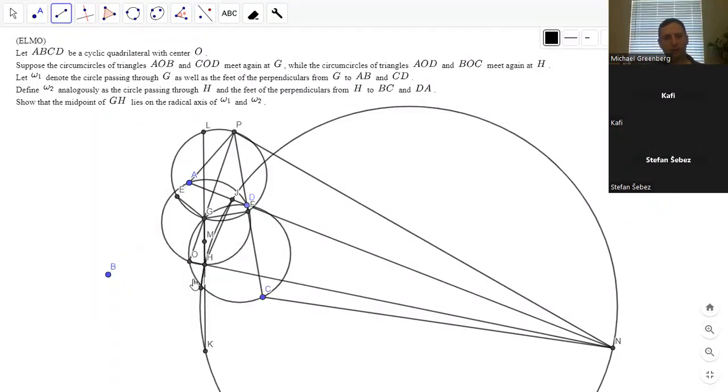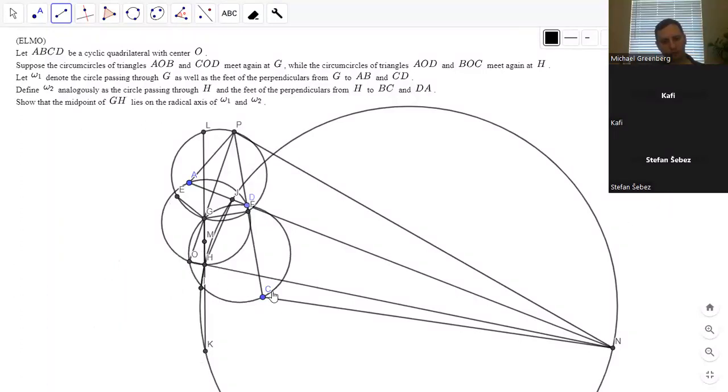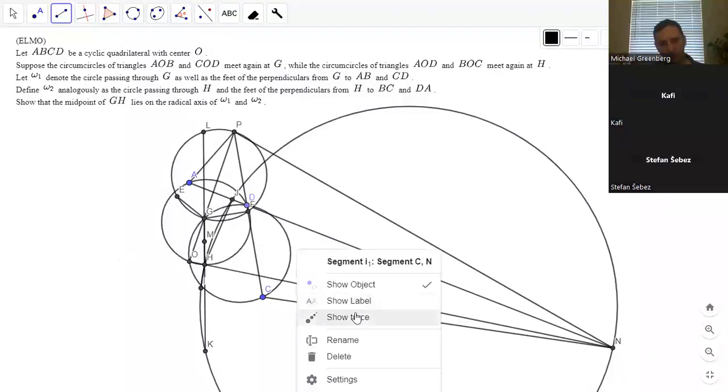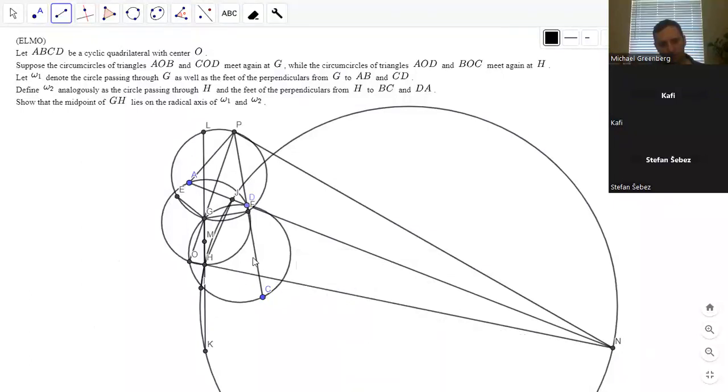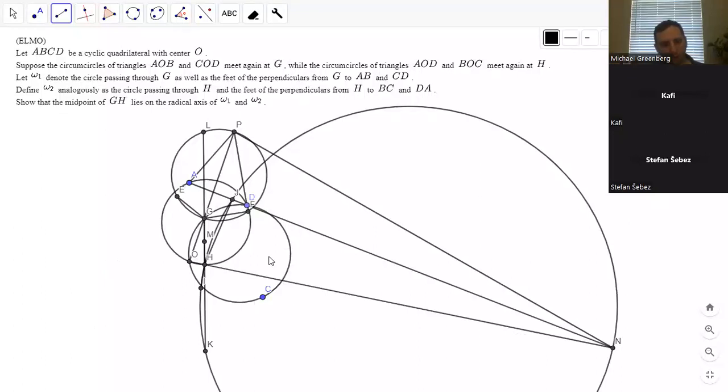So we can hide ABC. Can we hide all those? Yeah. Okay, we just want to show the midpoint of GH lies on the radical axis of those two circles we drew.